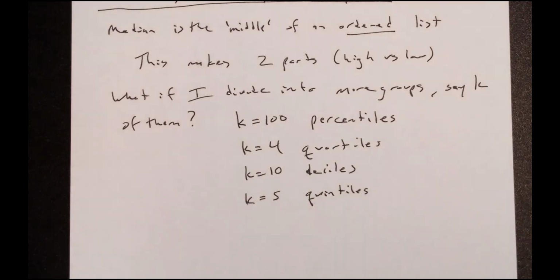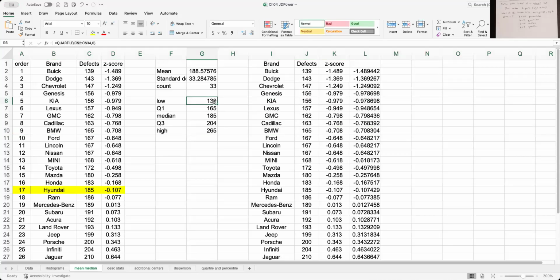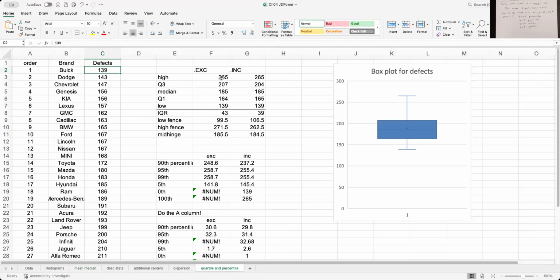If I go back to that picture, the spreadsheet we were just looking at, you'll see the command there simply says quartile. That's the old version. It didn't give me a choice. But now there are actually two quartile expressions. One says quartile.exc. That's the exclusive quartile. The other says quartile.inc.